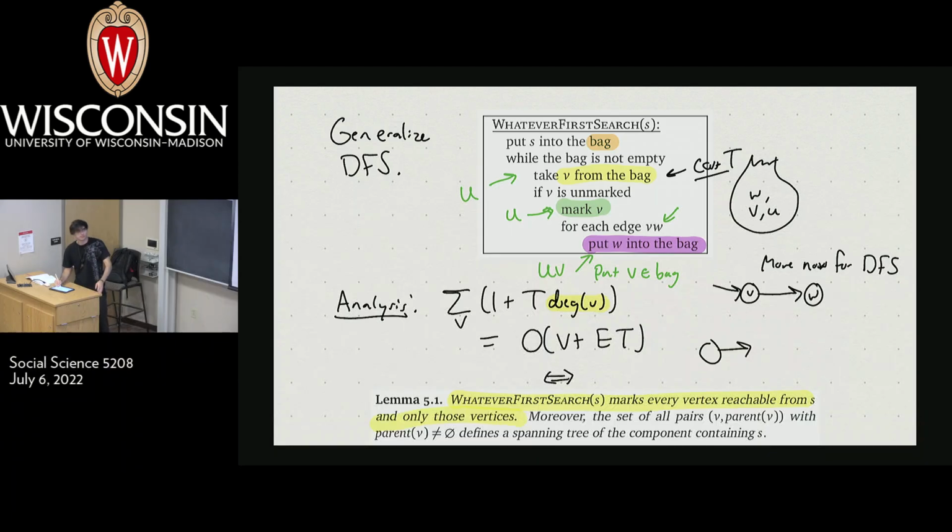When we put something in the bag, I'm charging this edge 1. Think of it as charging the tail of the edge. And when we take it out, I'm charging the head of the edge. So I'm putting the cost for all the bag operations on the edges instead. I'm just using associativity or commutativity of summations to do this.